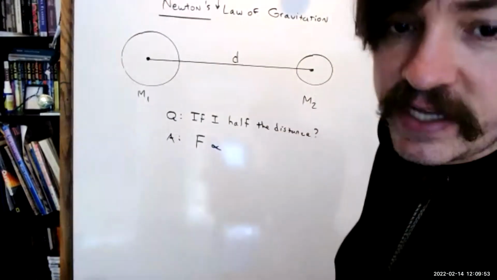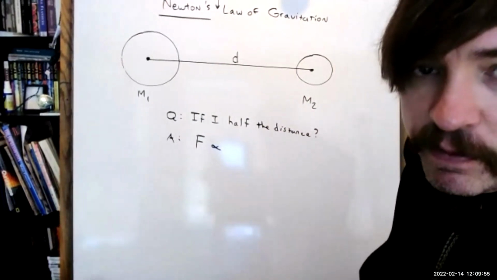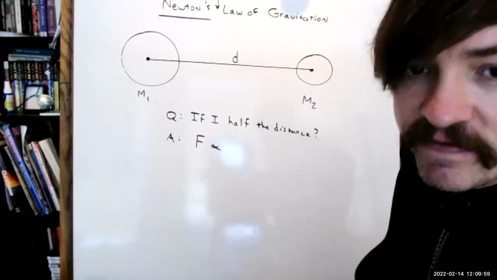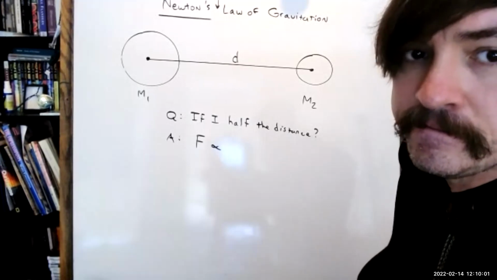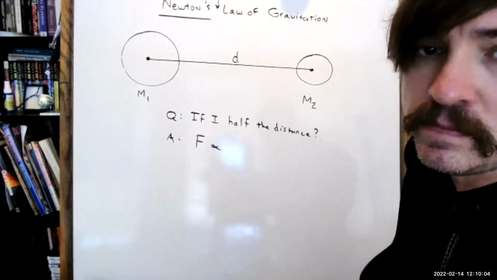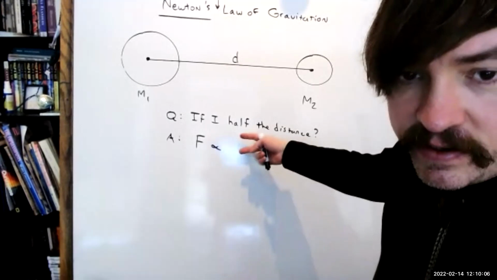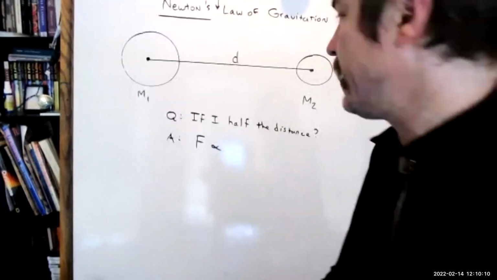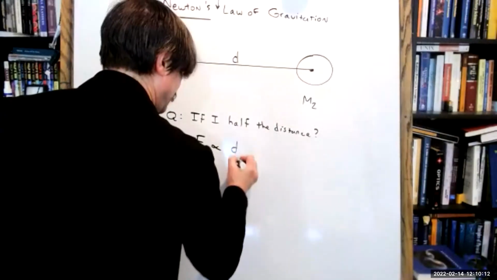Okay, I want someone to answer me. Force is proportional to which symbols do I conclude if I'm halving the distance? The distance. Right, but how do I write it in symbolic form here? Like, do I write force is proportional to distance like that? Is that what I do?